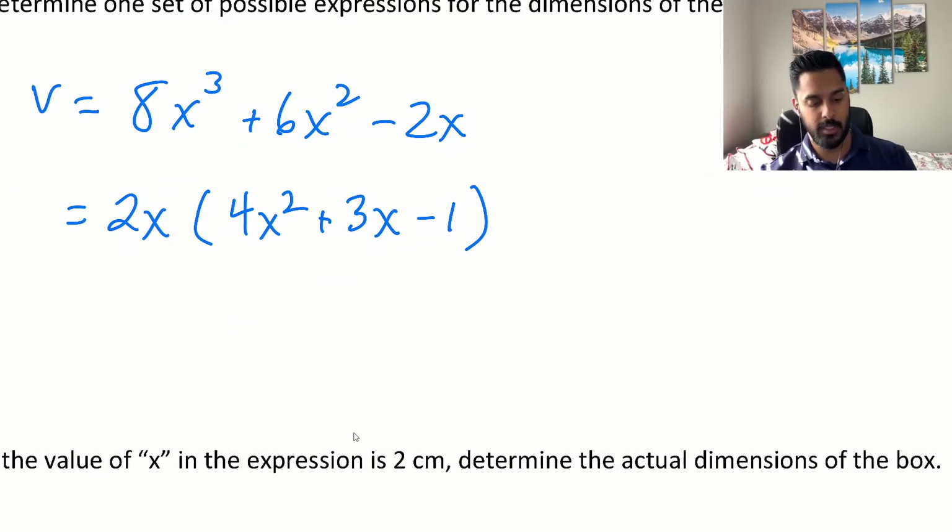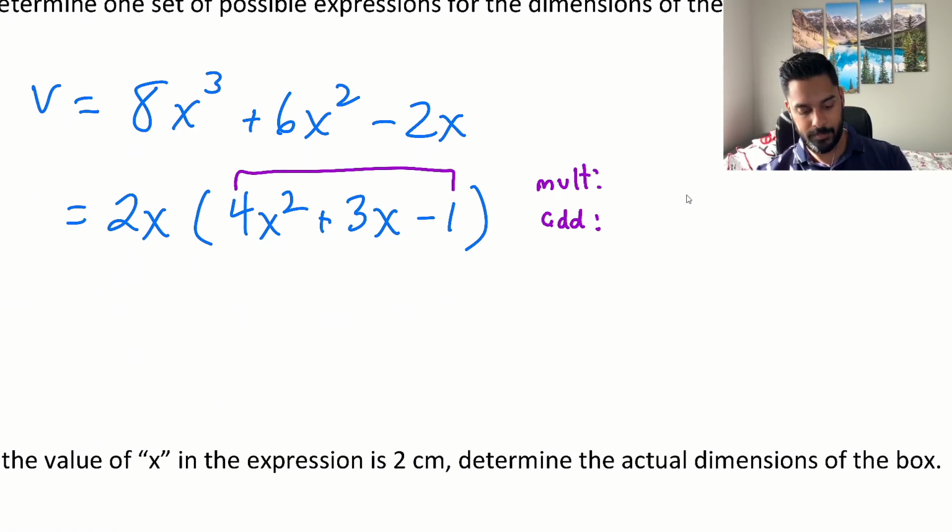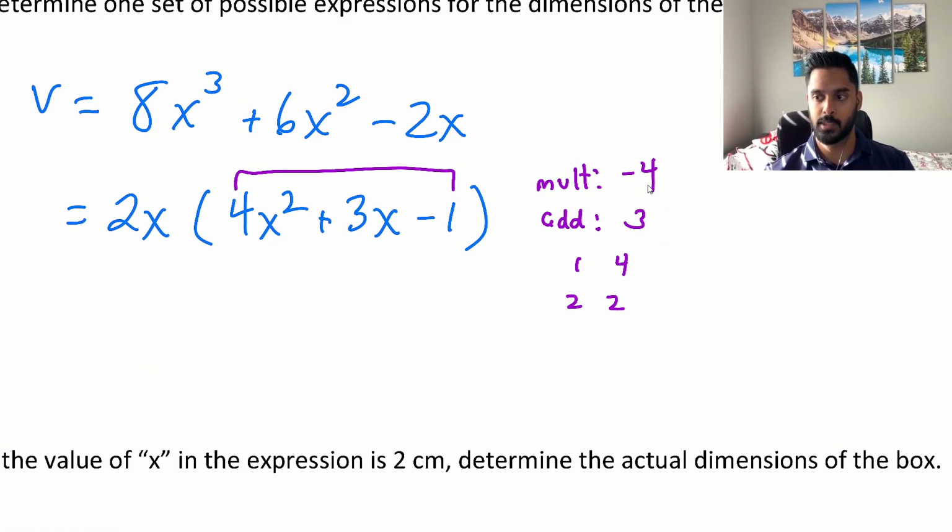So we're going to do it the same way we did before. So we're going to look for two things that multiply to something, add to something else. Now remember that there is that number in front of the x squared. So we're going to multiply to give us negative 4. Okay, our 4 multiplied with negative 1, so I need negative 4. And we want to add to positive 3. So it could be 1 and 4, or 2 and 2 are the options that multiply to 4.